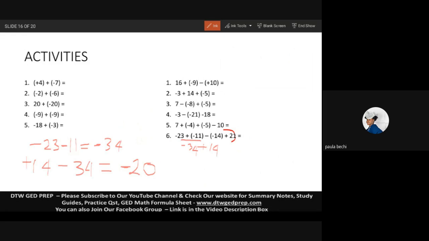So we are left to add +21. If we add +21 to -20, you have -20 plus 21. This can be written as +21 minus 20, and so this gives us 1.